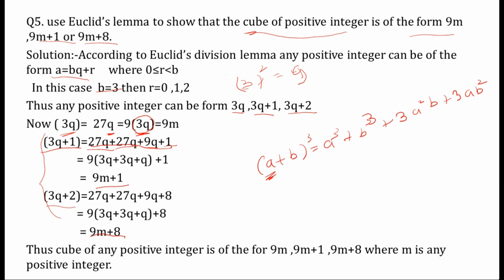When we take a = 3q + 2 and put it in the formula, we get the form 9m + 8. So when we take a = 3q, 3q + 1 and 3q + 2, we represent their cubes in the form of 9m, 9m + 1 and 9m + 8 for some positive integer m.